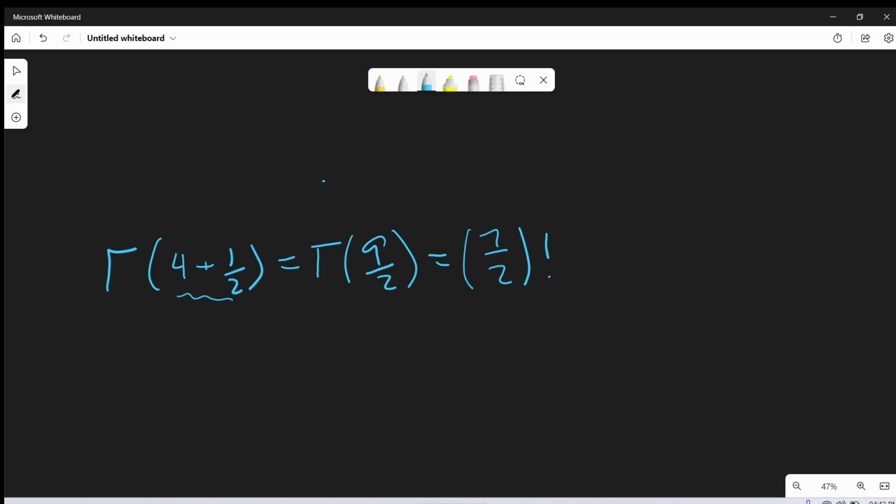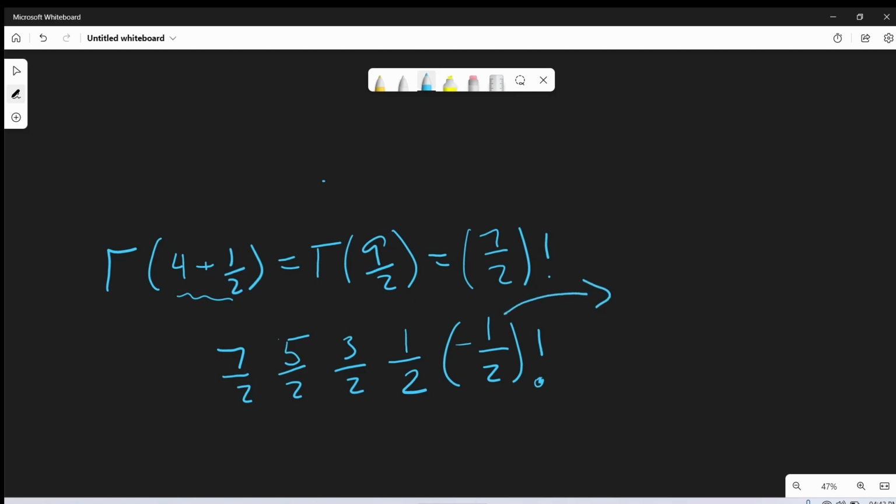Now what we can do with this real quick, because it's a factorial, we can write it out as 7/2 times 5/2 times 3/2 times 1/2 times minus 1/2 factorial. But the thing with that is minus 1/2 factorial is the same as gamma of 1/2, and we just talked about that value, and that's just this known value, square root of pi.